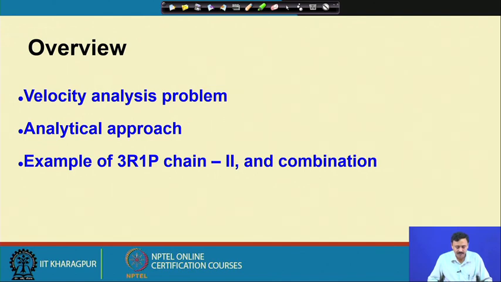We are going to look at this example of 3R1P chain of type 2, and we are also going to see briefly how in more complicated chains these ideas can be extended very easily. Of course, the calculations might be a little more involved, but these ideas of velocity analysis can easily be applied to more complicated chains.